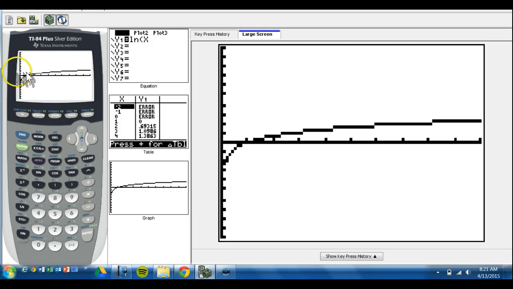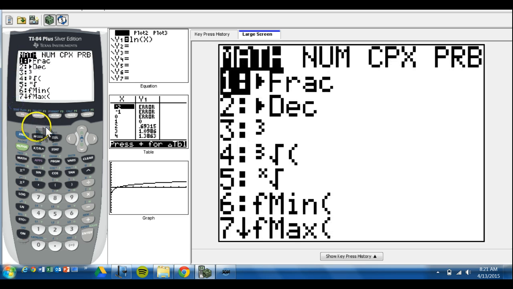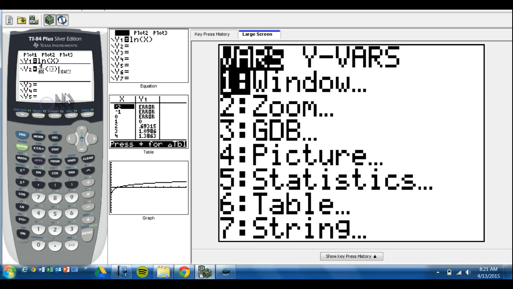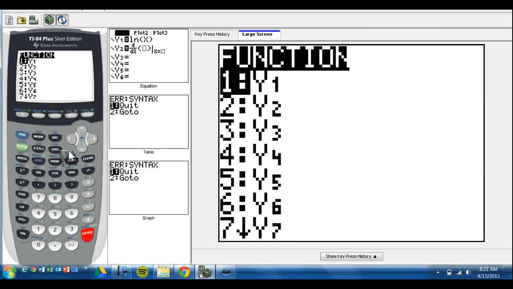Now let's say I want to see the derivative of that. It's the same thing that we just did, except for one slight change. I want the derivative for y2. So I'm going to go to Math 8, and I want the derivative with respect to x. You can either type in natural log of x, or you can go right to vars, move over to yvars, hit enter, we've done this before, and pull up y1.